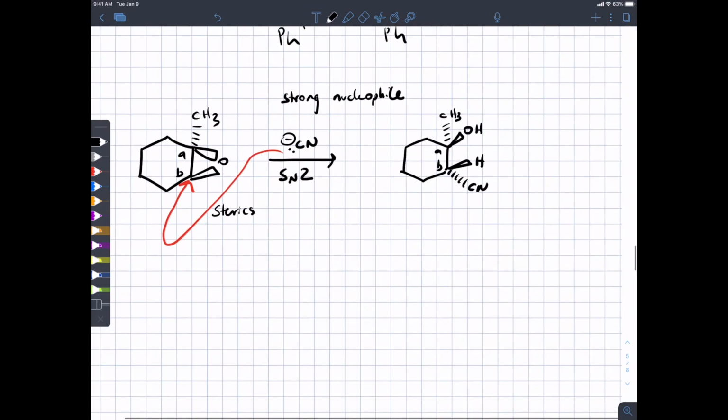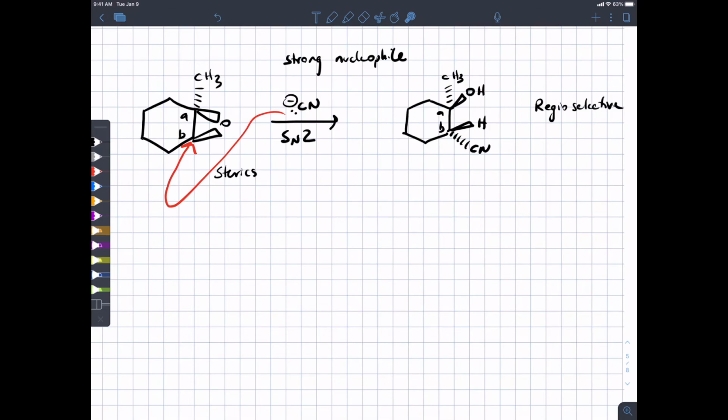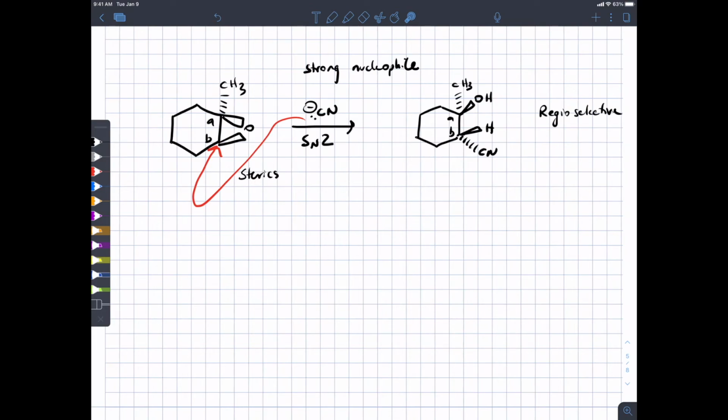So this is an example of a reaction that is regioselective. It is selective for forming a new carbon-carbon bond with B and not with A. The other alternative would be a regio or constitutional isomer. If we attacked carbon A instead, we'd have different connectivity, and so it would be a different constitutional or regio isomer.